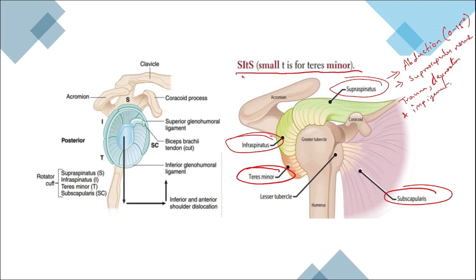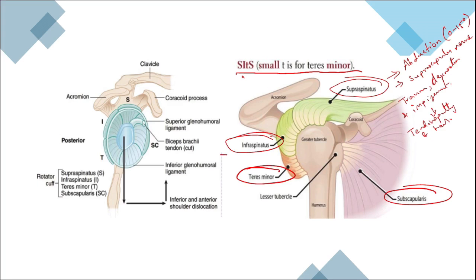If we do an MRI, we can see some impingement or tendinopathy, or sometimes we can see a tear also. So what we have to do for this is the empty can test or full can test.